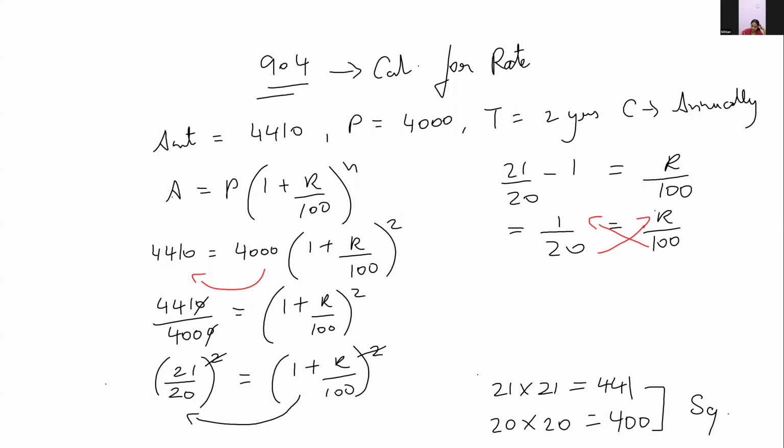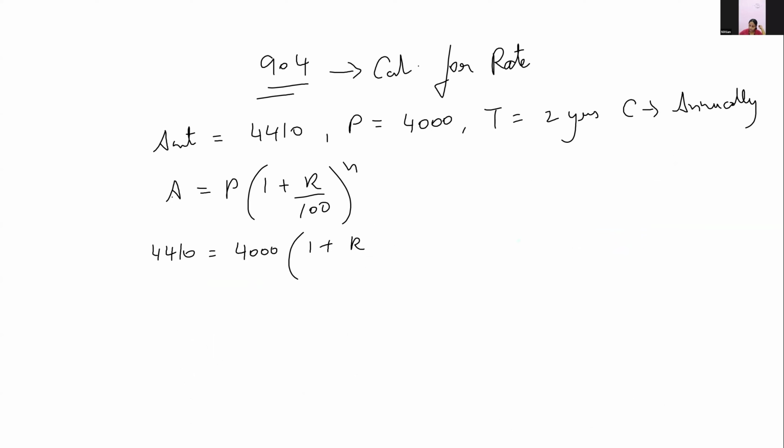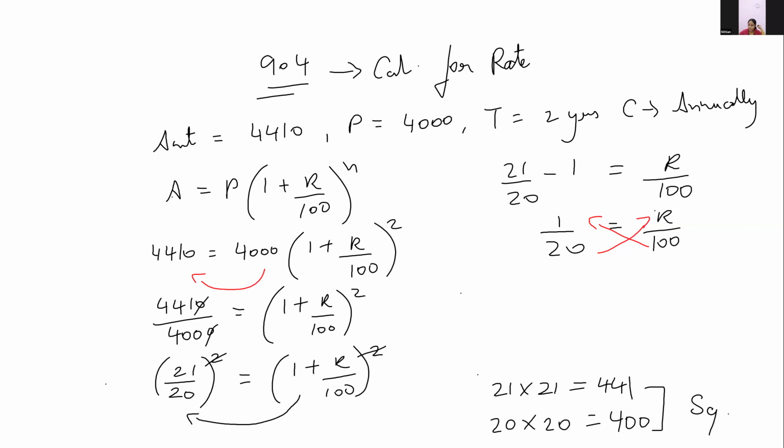Question. I have a question. What does it mean by equal to 1 upon 20? Why did you put 1 upon 20? Subtract 1 from 21 by 20. Take an LCM and subtract. You will get 1 by 20.